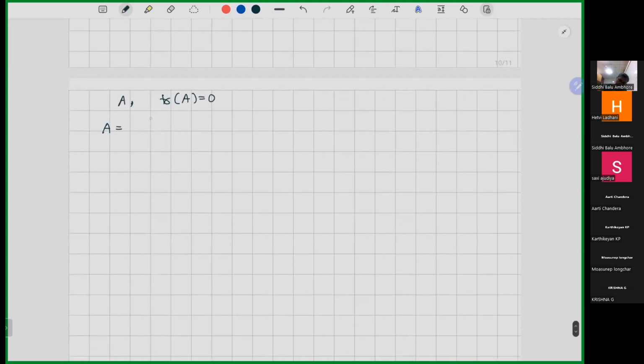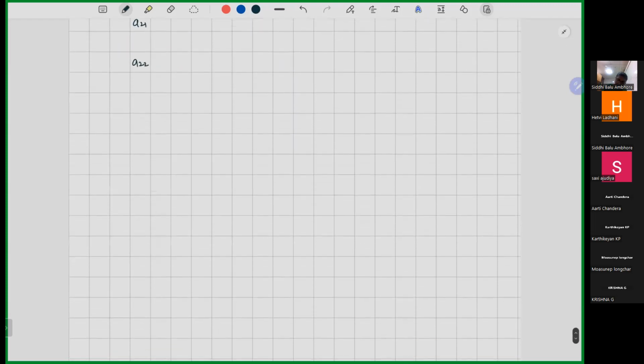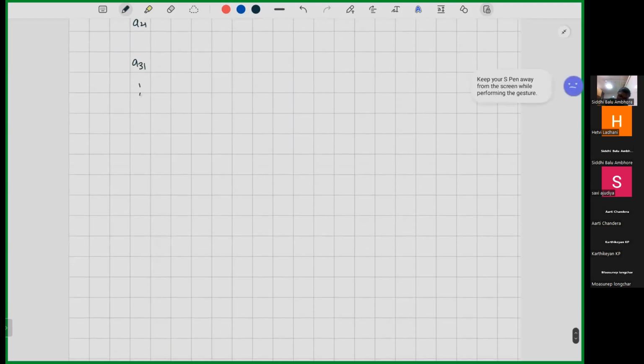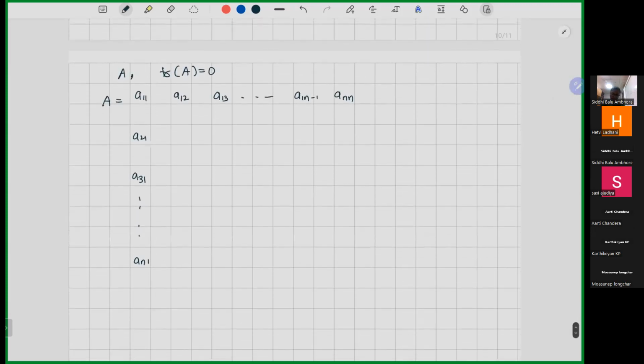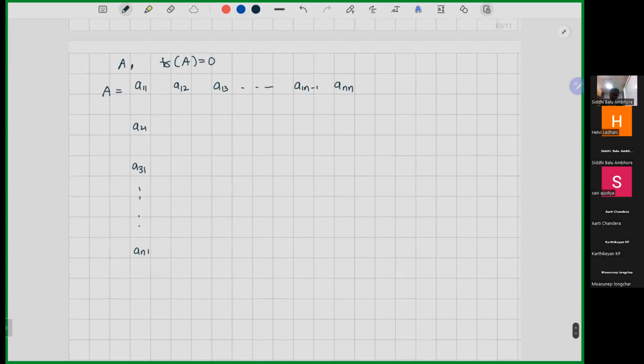Then A11, A12, A13 up to A1n, and here A21, A2, A31, AN1. And how will it be then? Anyone want to guess?